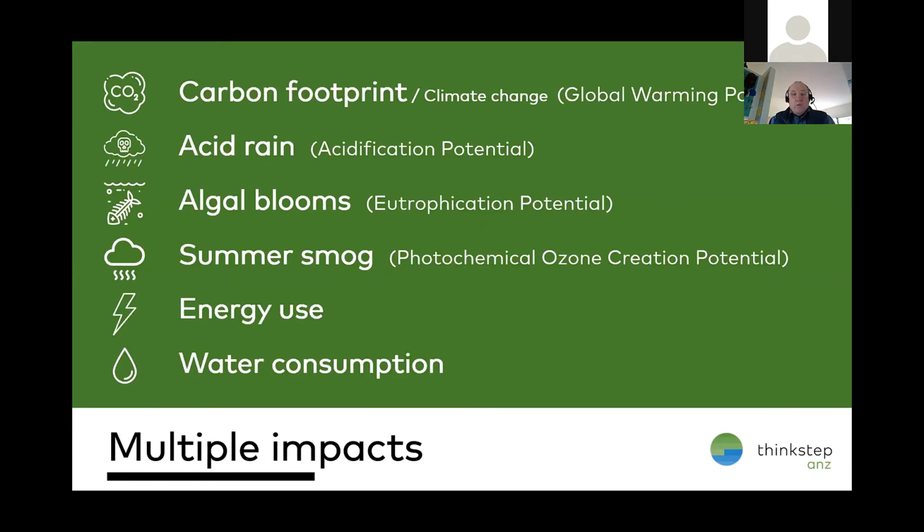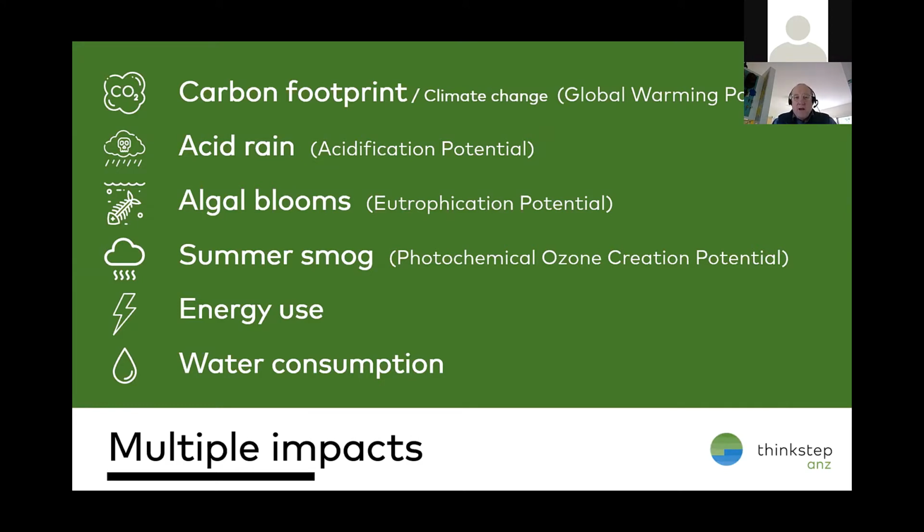Now, when we talk about life cycle assessment with EPDs, we look at a whole range of environmental impacts. Carbon footprinting, I'll talk a fair bit about that today, or global warming potential, that's the jargon we use in the life cycle assessment community. That's really about the potential impact on climate change. That's the big impact that we measure.